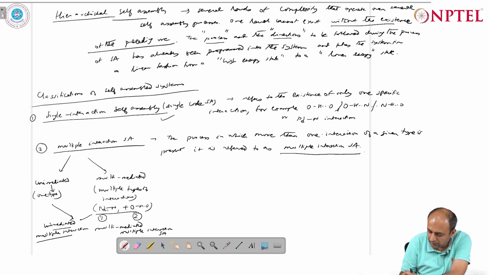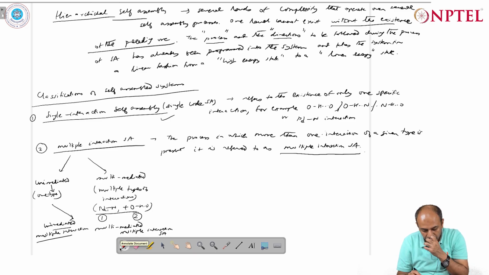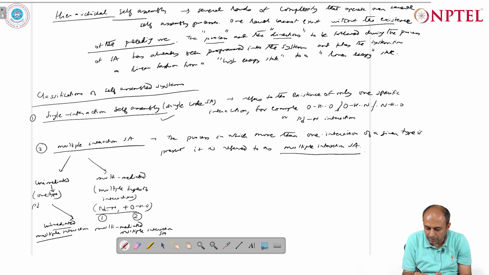So, in this case you will see that if you have a given type of interaction, say either palladium nitrogen or OHO, but they are present multiple times, say they are present 2 times or they are present 3 times, then they are of a given type, but they are present multiple in number, they are called unimediated multiple interactions.